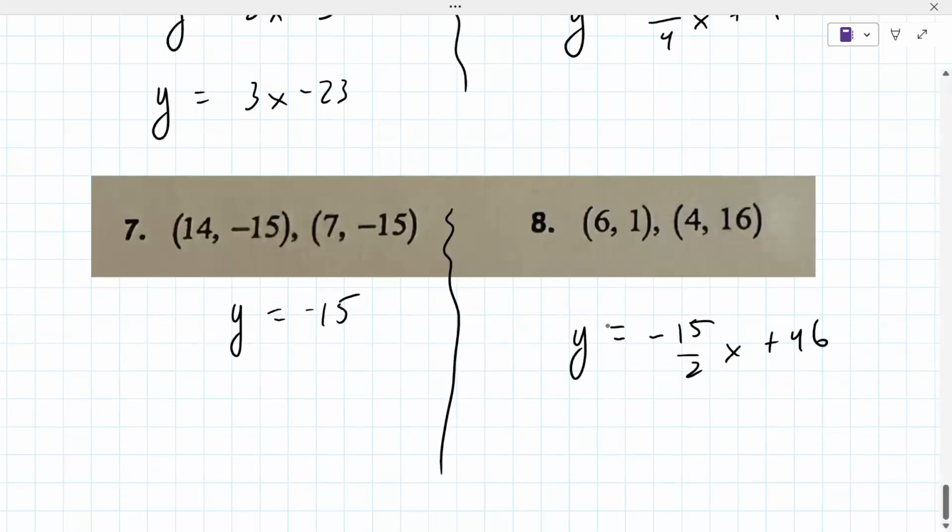Okay. So the challenge here is to check this to see if it's correct, because the numbers are.